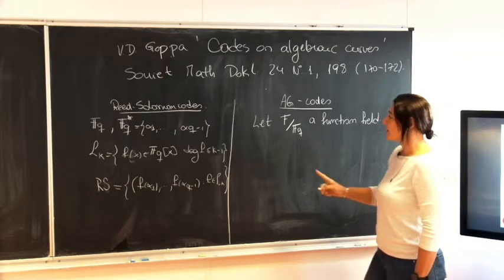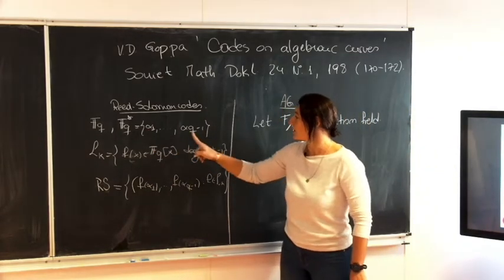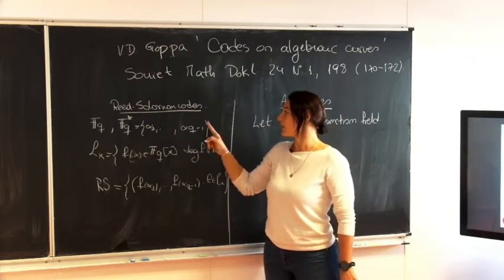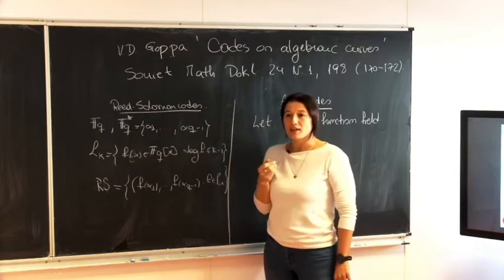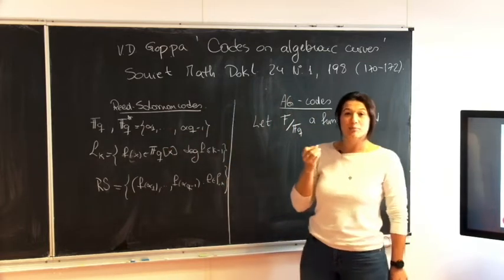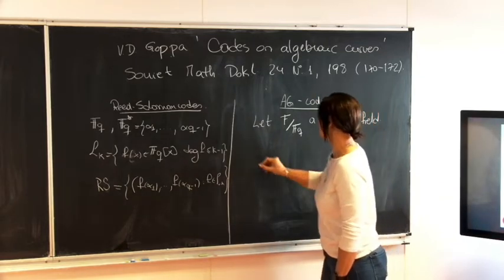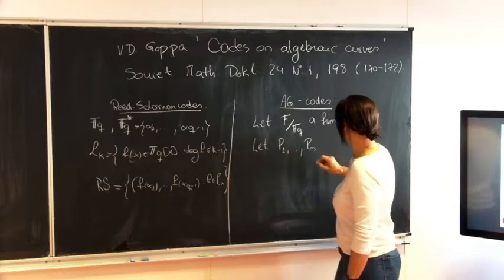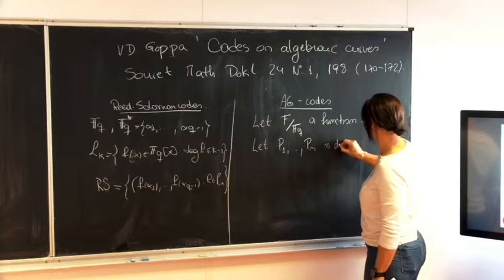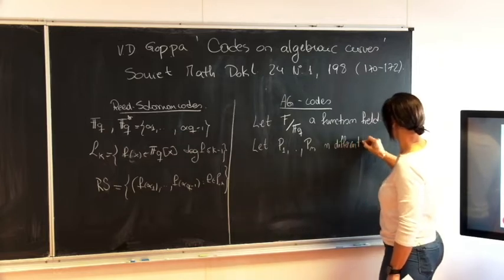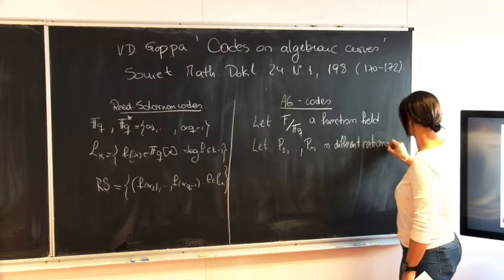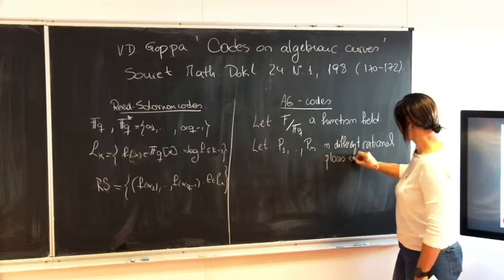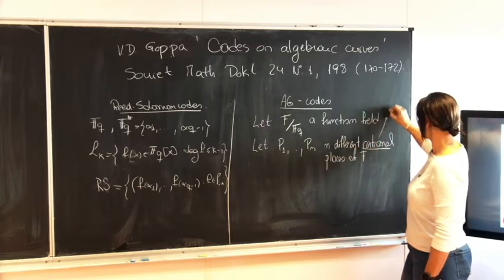Instead of using all the elements in the finite field as our evaluation set, we just pick n different rational places, places of degree 1, P_1 up to P_n, of F. Rational means of degree 1.